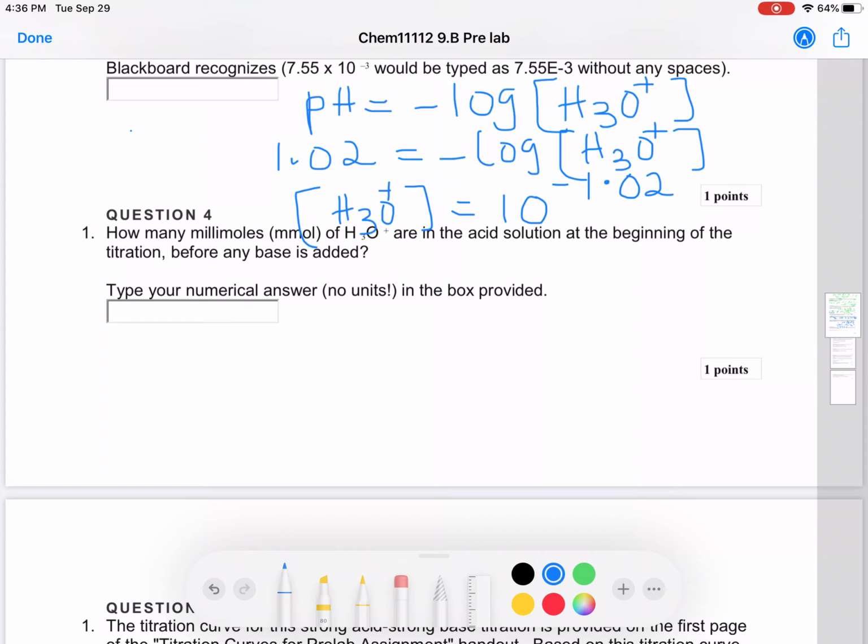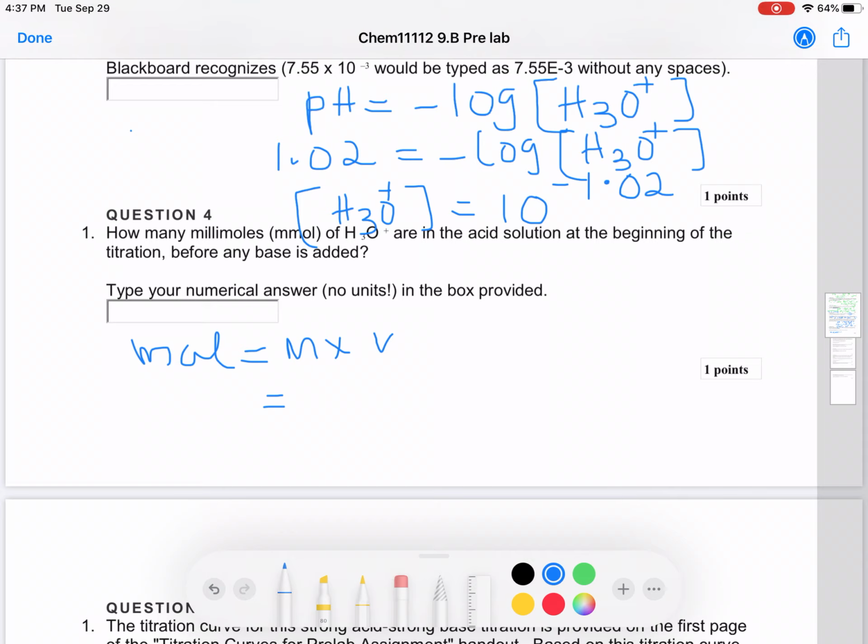So I have to give you the answer for question 3 then. The moles are going to be molarity times the volume. The molarity is the answer you get for question 3.